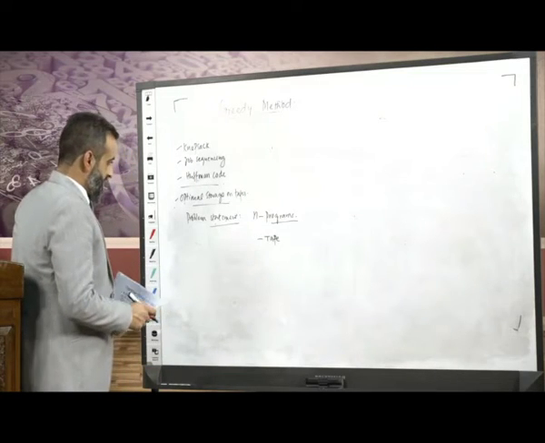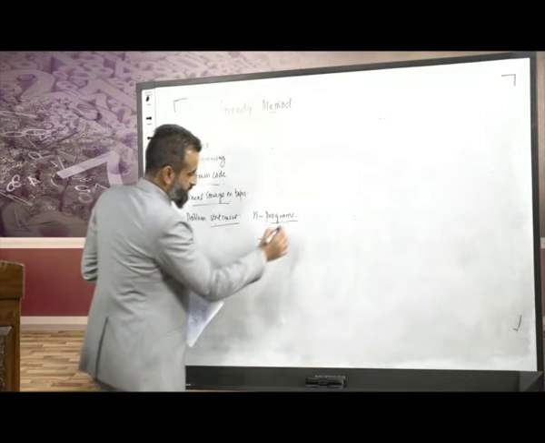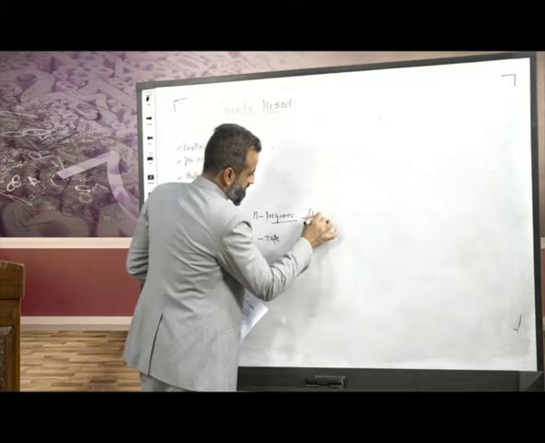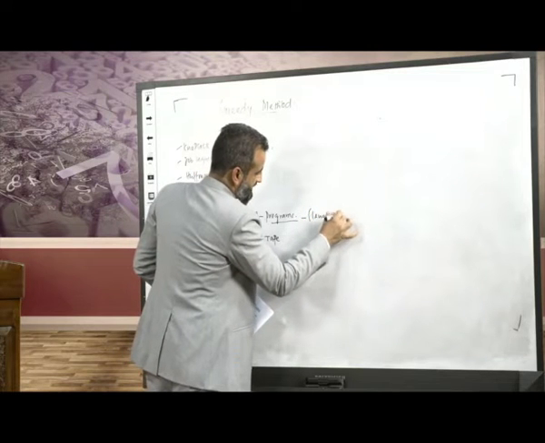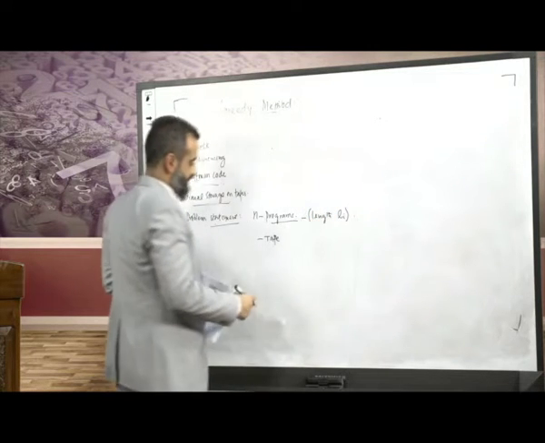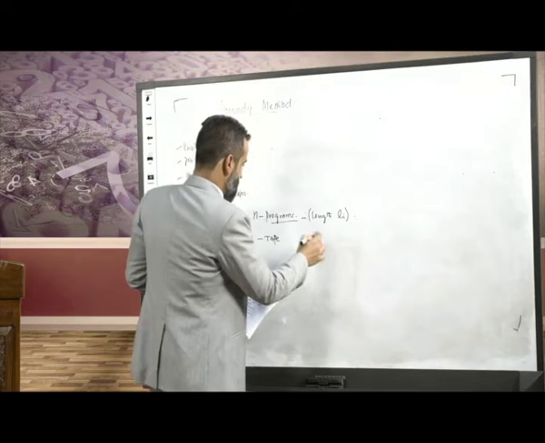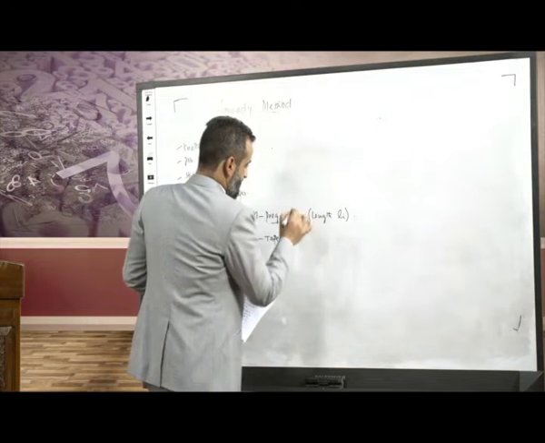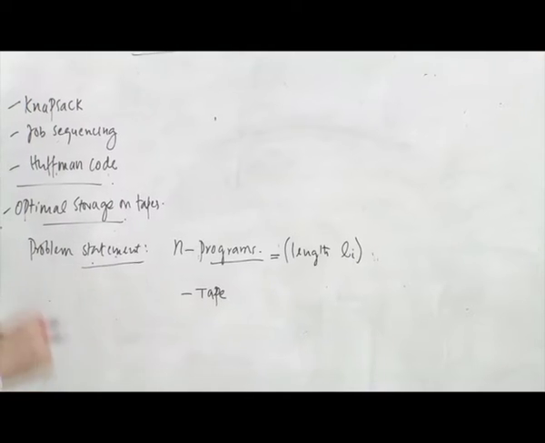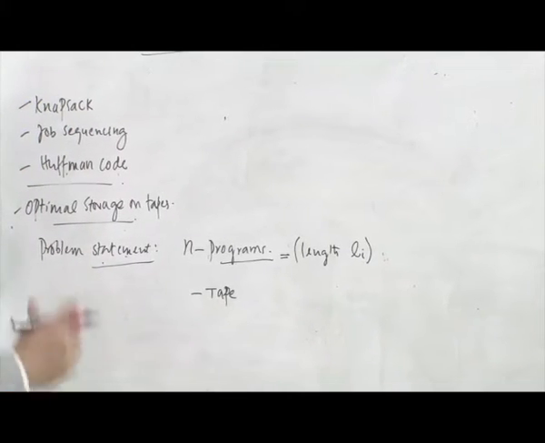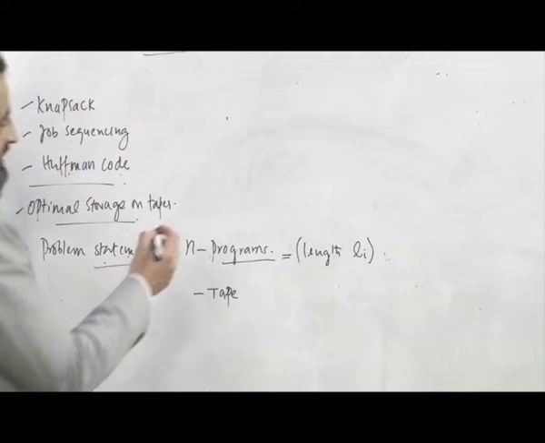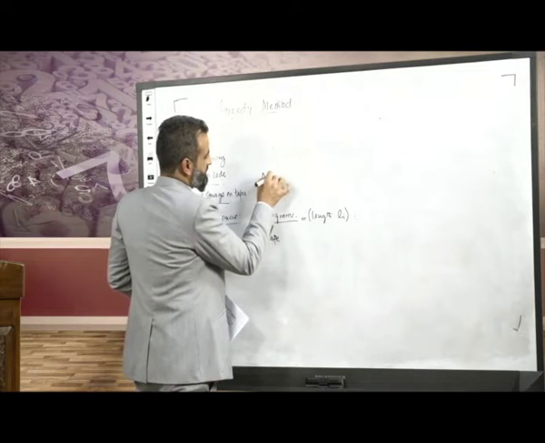Now, every such program has an associated length. Let's call it Li. And let me take a typical example. If you're a 90s kid, you might be aware of something called an audio cassette we used to have.